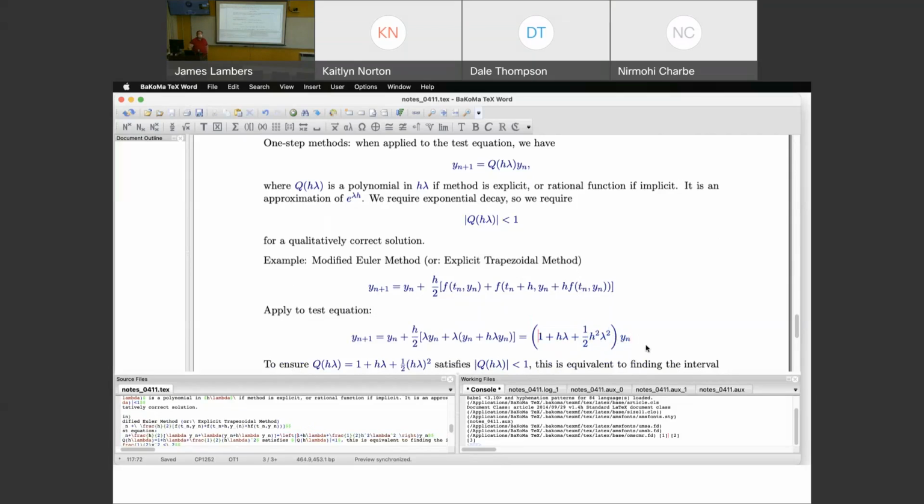Taylor series? Yes. We actually have the first three terms of the Maclaurin expansion of e to the h lambda. That's why this is a second order accurate method. But we need to make sure that this has absolute value less than 1.